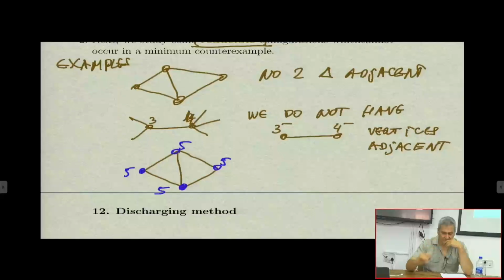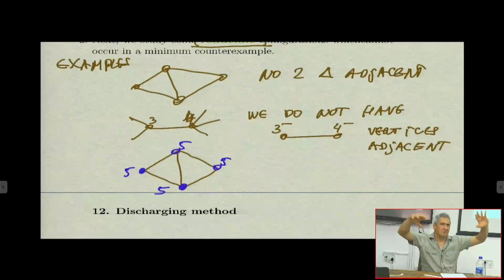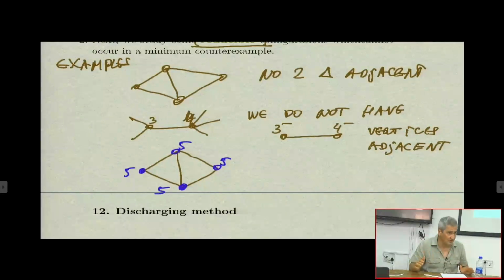Now you have some structure in your graph: minimum degree 3, not 2, 3 cycles together, not 5 vertices on a triangle, and such things. Later, when you redistribute the charge, this will give you something to conclude and come to a contradiction, okay?